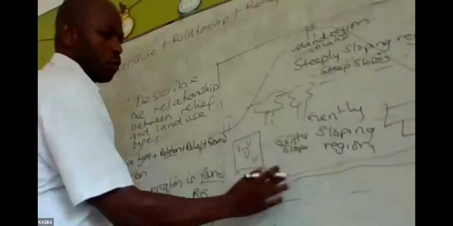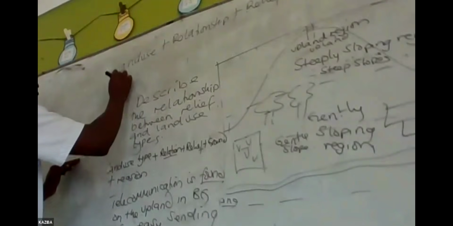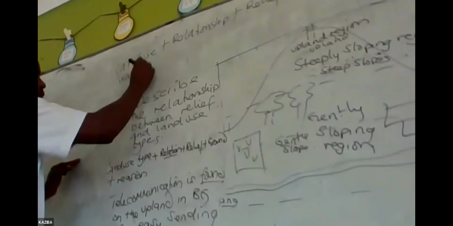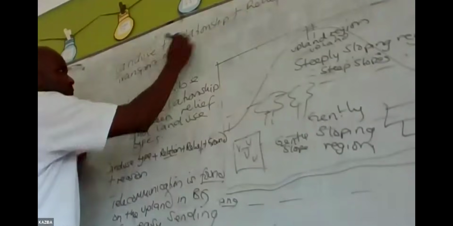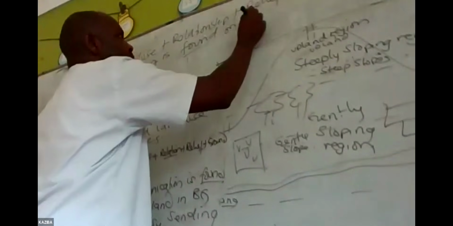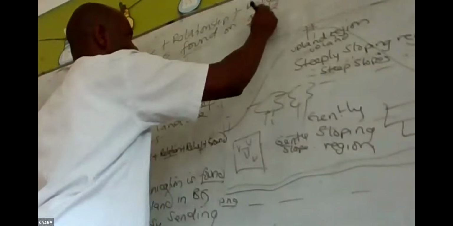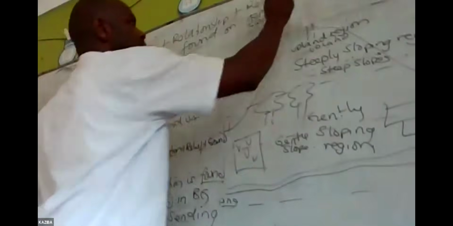For example, we have this road. So you can say transport. Transport is the land use. Is found. Found is the relationship. On gentle slopes. Now, gentle slope is the relief. In the middle ground.